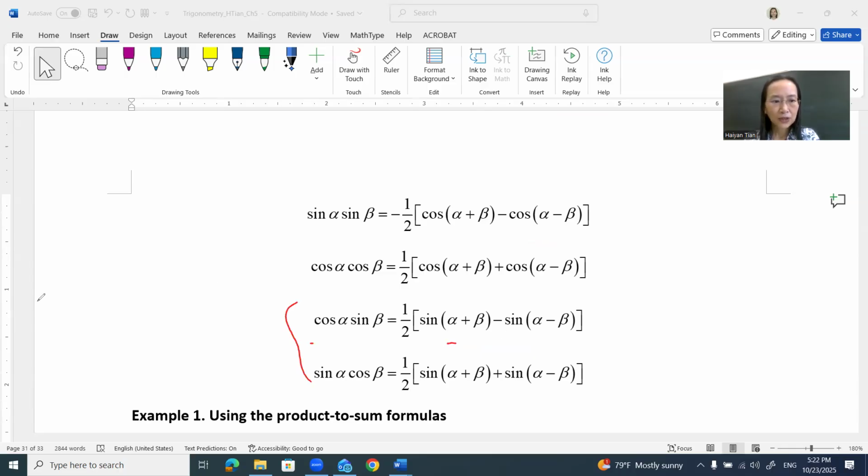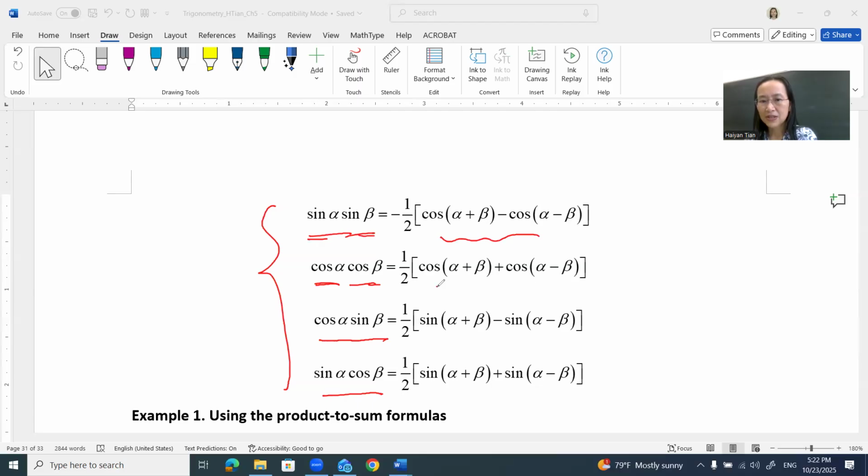So we get a total of 4 formulas. And this group of formulas allows you to rewrite a product, whether it's a product of two sine functions, or of two cosines, or a cosine with a sine, or a sine with a cosine. You can always write it as a difference or a sum.